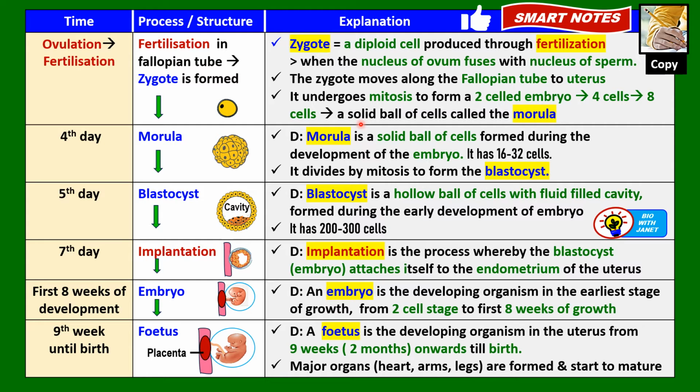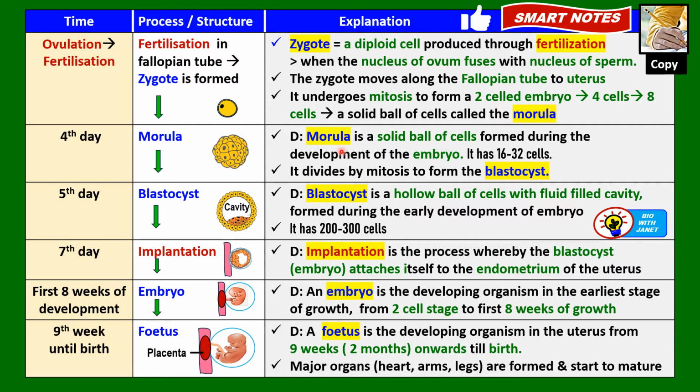From 8 cells, a solid ball of around 16 cells is formed. This is the start of the formation of the morula. Later we will find out the origin of this word, morula. So this is the ball of cells called the morula.